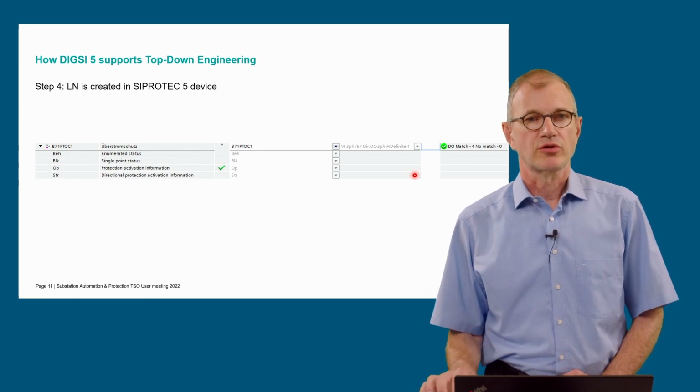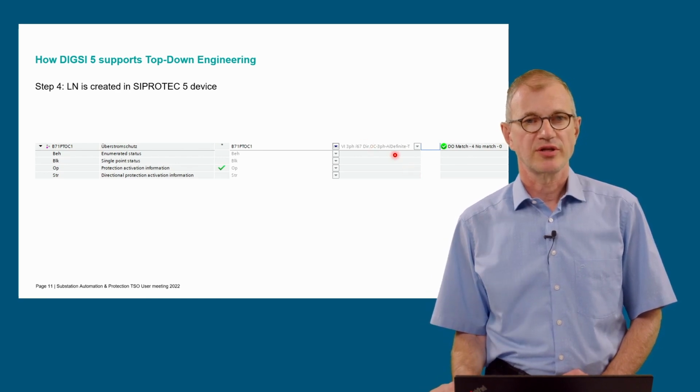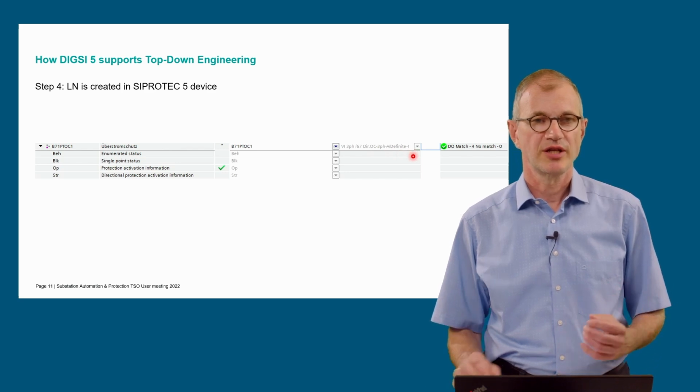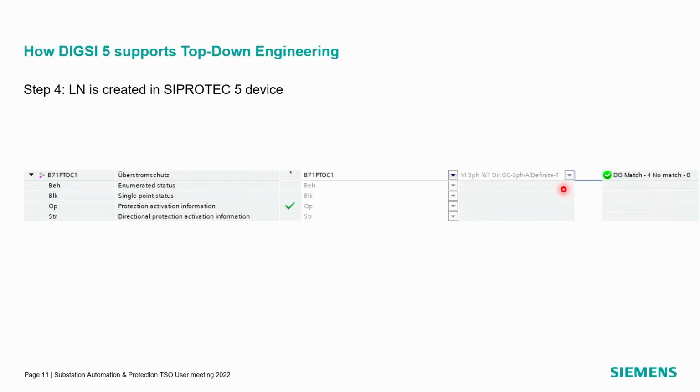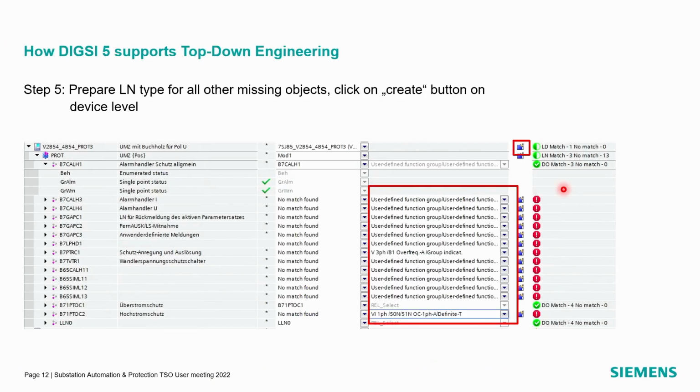Then this is created here, and the nice thing is that this PTOC is then in the real device. It is created as functionality in the cProtect device, and also visible if you click in the device in the PNV, of course. You can then repeat it. It's also a sort of type here.